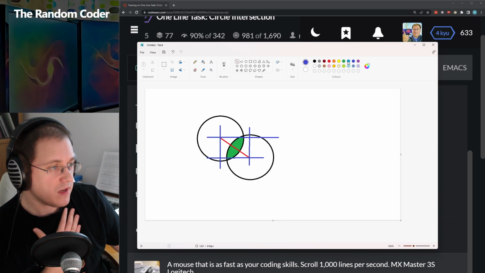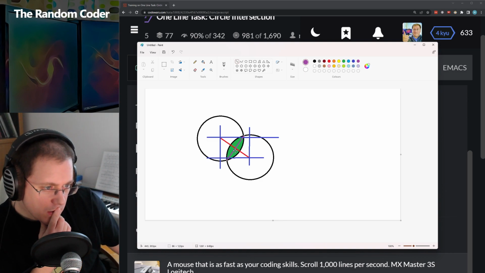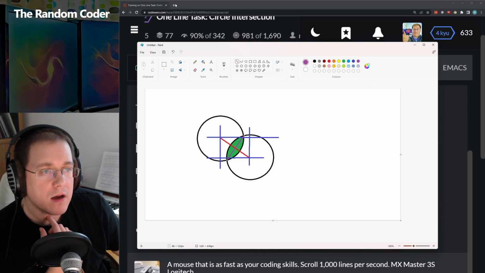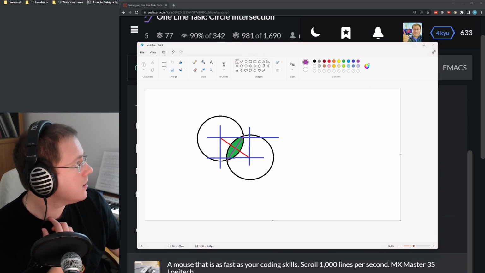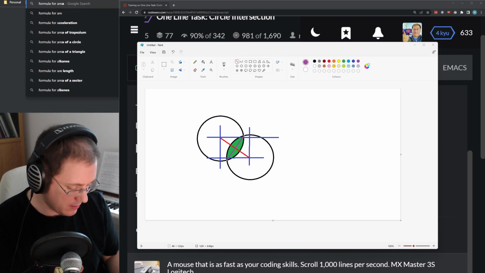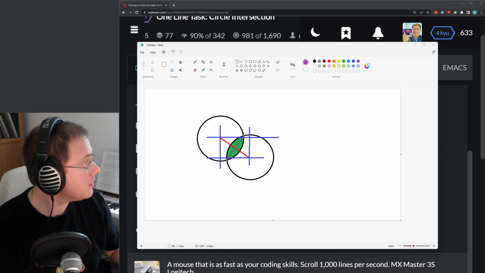But if you can see that here, let's choose a new color. We're going to need to calculate the position of this chord. Now I'm just going to get up the formula for area of a segment, I think.